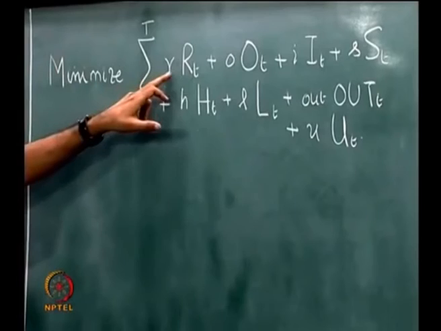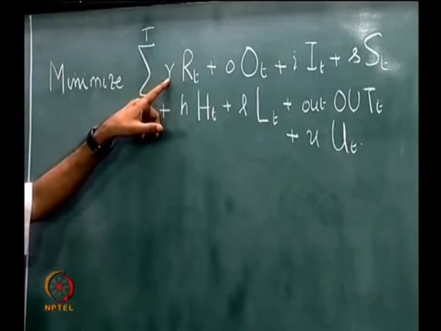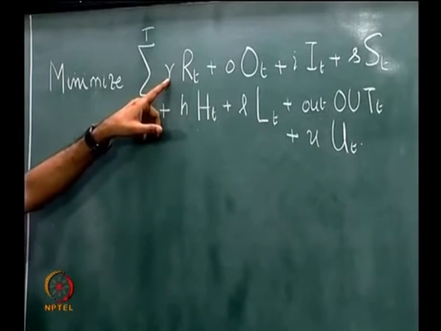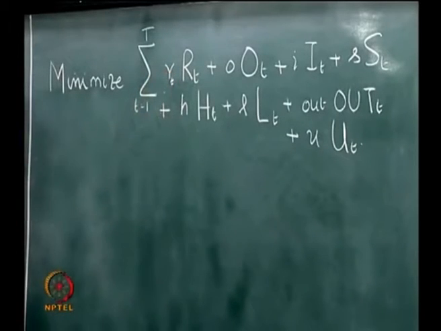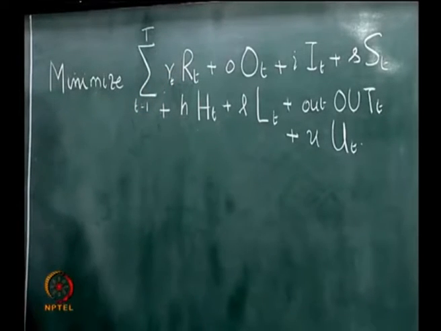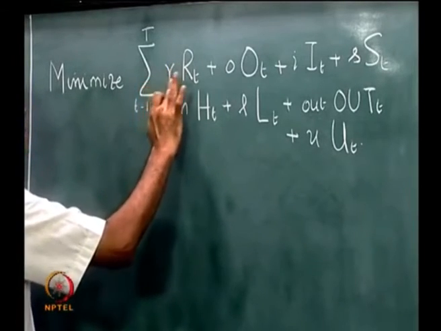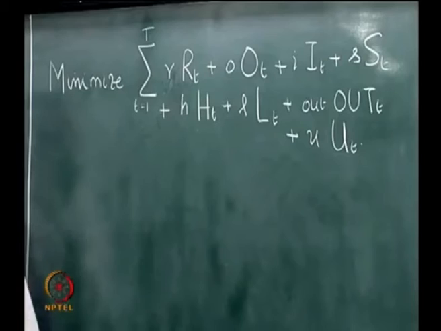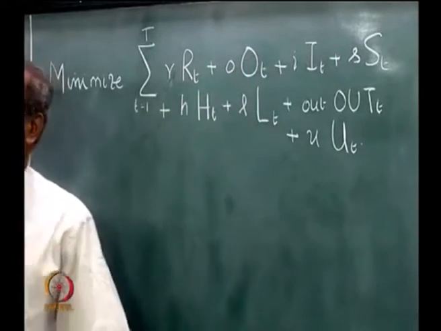We could consider that this r is constant across all periods, we could have this r changing across all periods, and if it changes then we would add a small subscript rt which says this is the regular time cost in period t. But if this cost is going to be the same across all periods, then we will use this. Similarly, we used all these values.